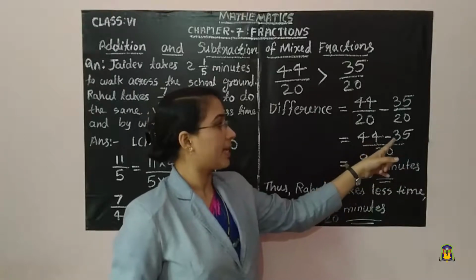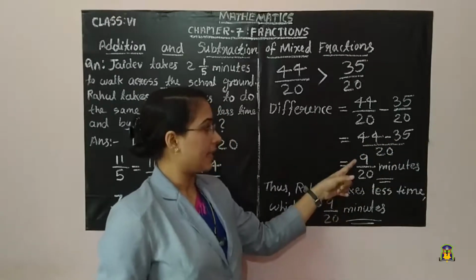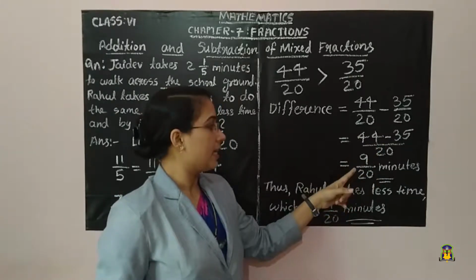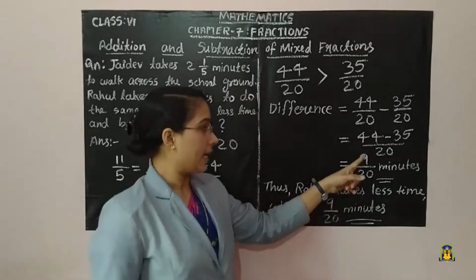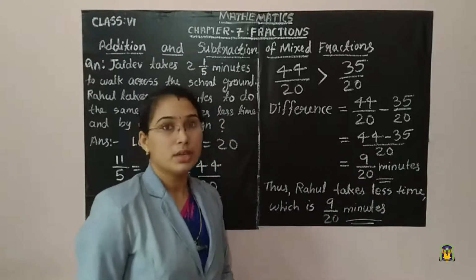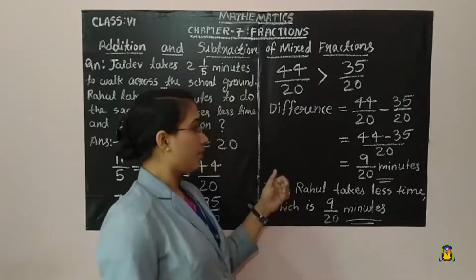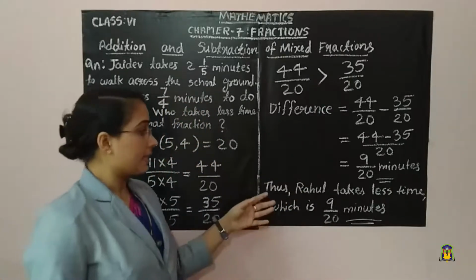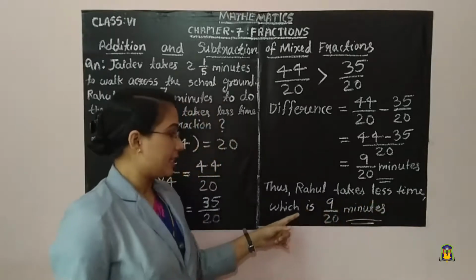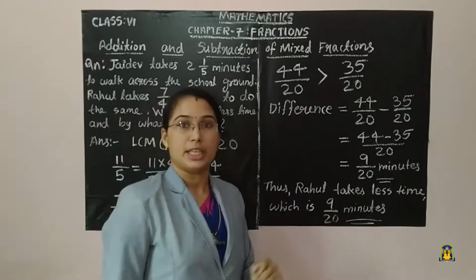What is 44 minus 35? That is 9. Then the denominators are same. So the final answer is 9 by 20. And here we have proper fractions. So no need to convert. Okay. So from this we can say thus Rahul takes less time, which is 9 by 20 minutes.